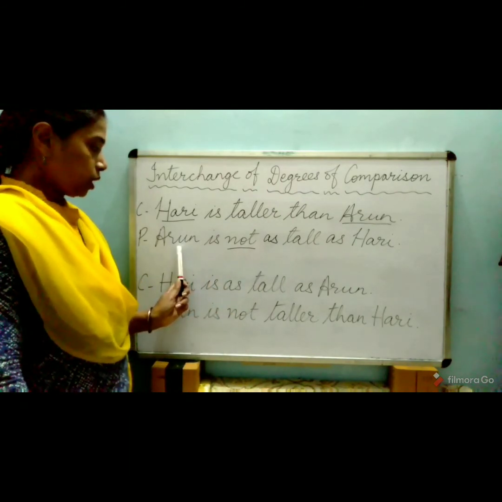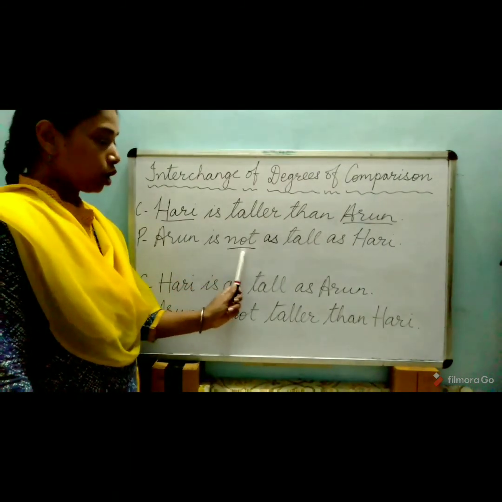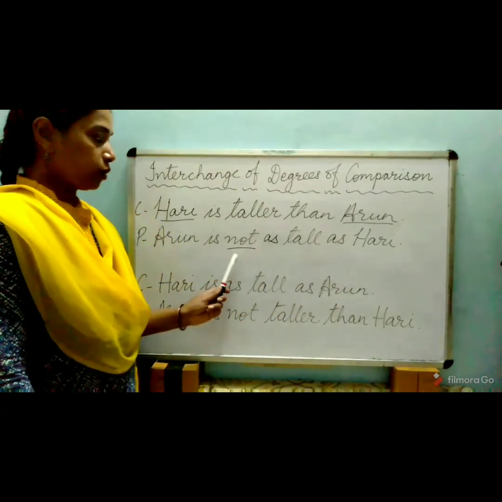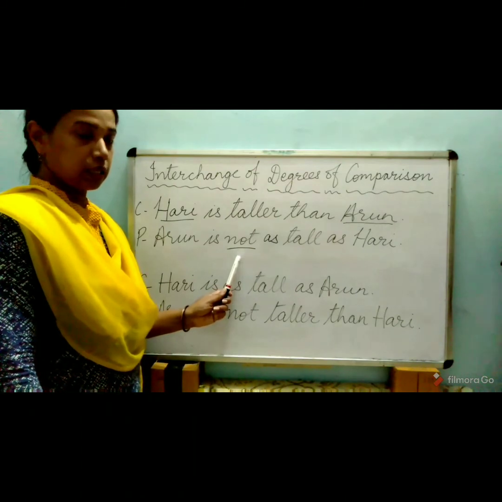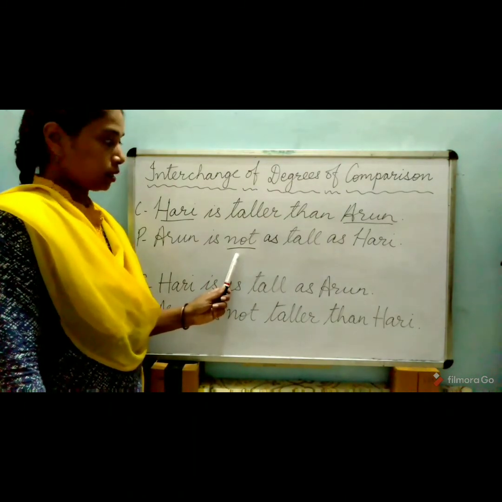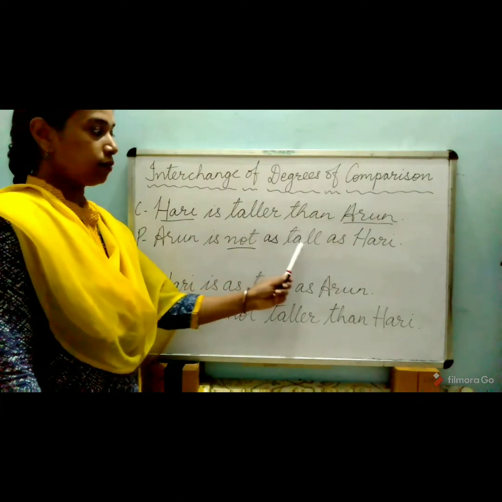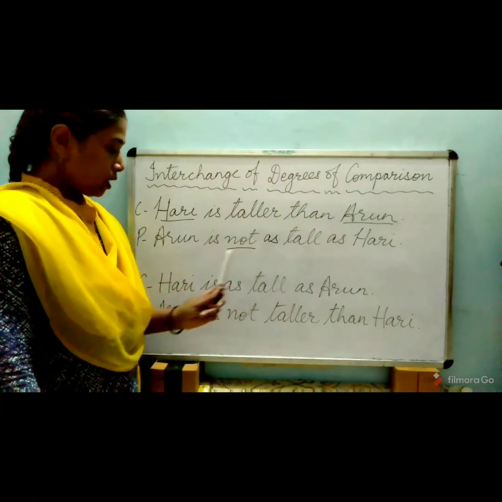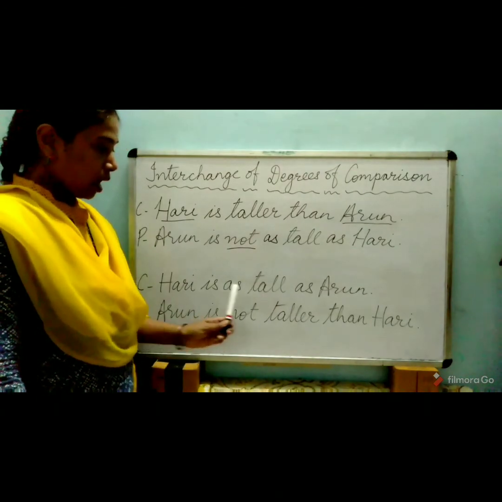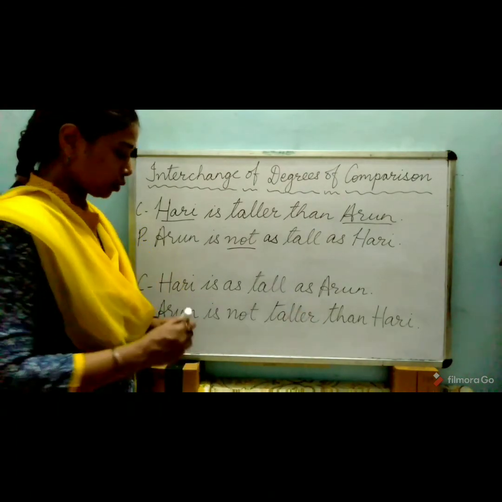The sentence will be Arun is not as tall as Hari. So by using the word not, by using the negative, the meaning of the sentence remains the same and the degrees have changed.